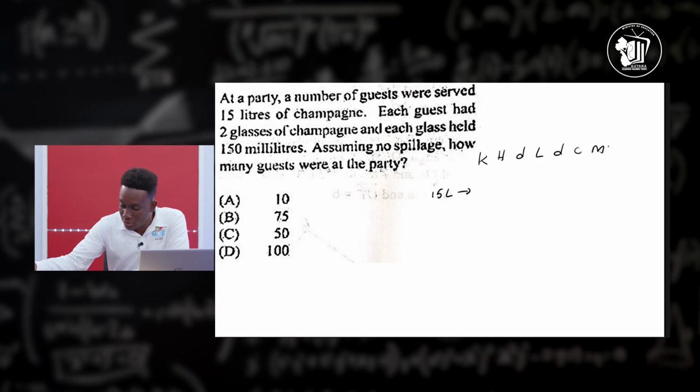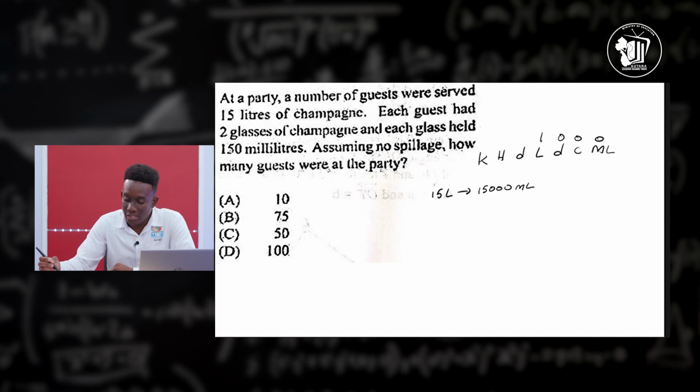We want to convert from liters to milliliters, so we just put 0s until we reach that. So 15 liters converted to milliliters will be 15 times 1,000, which gives me 15,000. So I have 15,000 milliliters of champagne at the party.